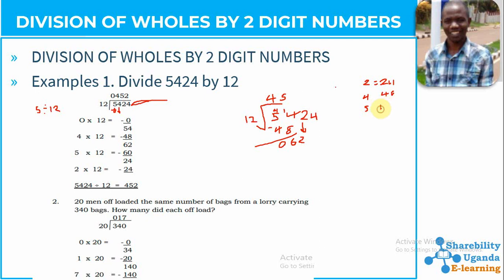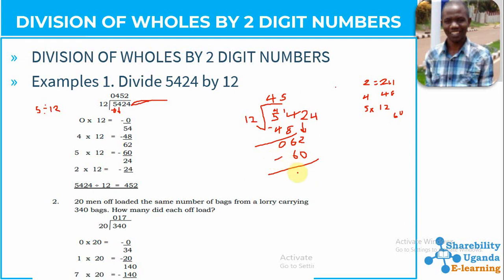This is the same as 5 times 2, which is 10. Write 0, carry 1. Then 1 times 5, we get 5 plus 1 becomes 6. So that means when we multiply 5 times 12, we get 60.